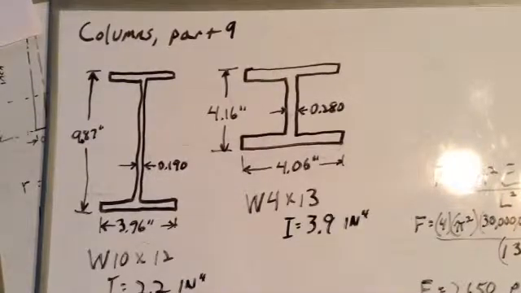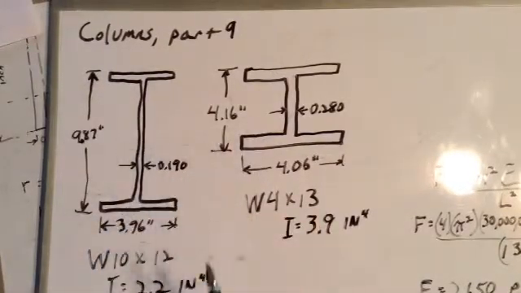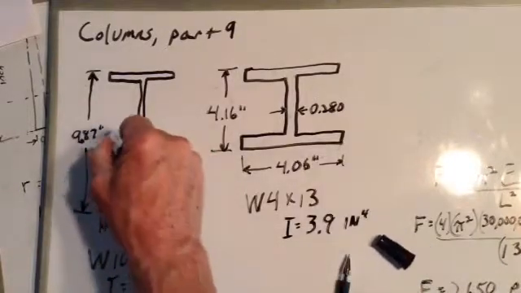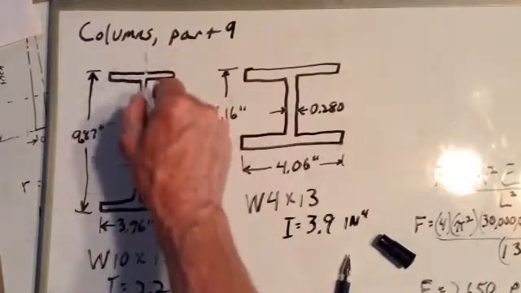When a column fails, it fails about its weaker axis. These I-beams are each strong about their X-axis. Let's draw an X-axis right there, and this would be the Y-axis.